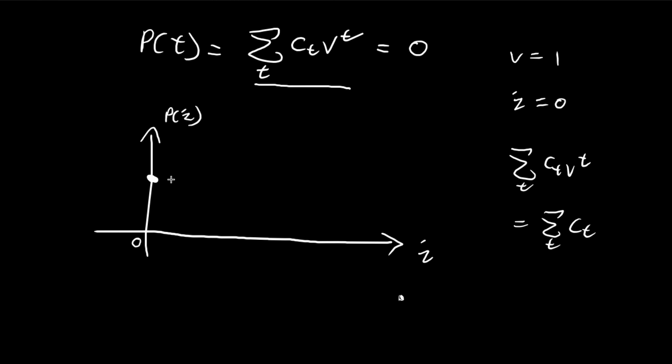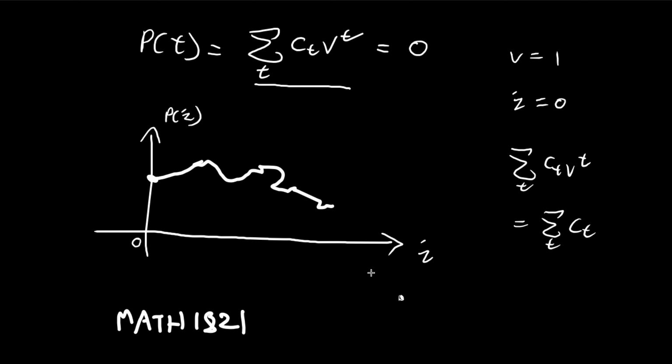And what exactly does this tell us? Because this is essentially just a polynomial equation for I, we can deduce that this whole function is continuous. And by the intermediate value theorem, which you've learned in Math 1821, so this is just calling on your knowledge from your math courses, I don't care how this function behaves in the middle, because this point over here is above 0, and this point over here is below 0.